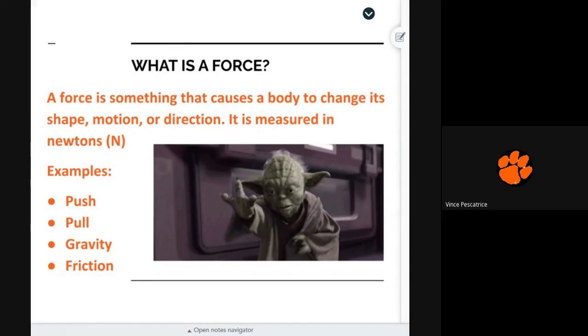All right, so Amelia, you need to go into, let me pull it up, week 4, forces in motion, and then it's this one right here. Then you're going to type directly into this document.